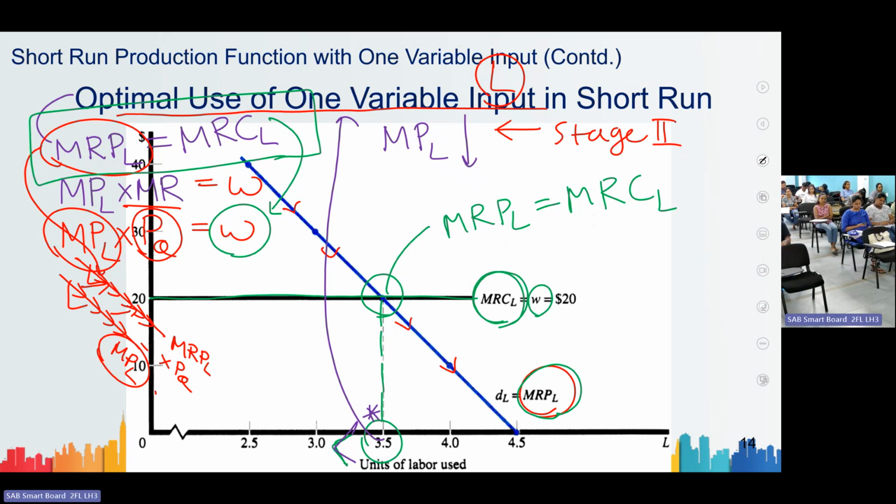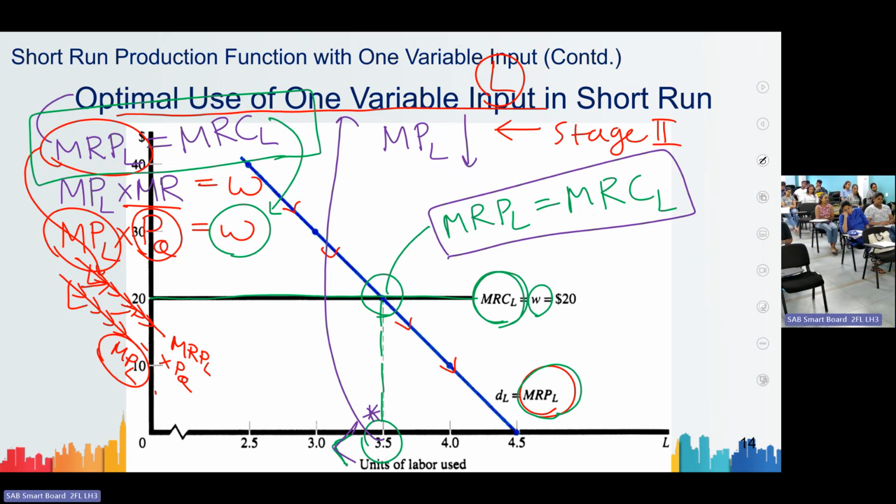So a rational producer will utilize 3.5 units of labor according to this graph as the optimum level of labor, and it is decided where MPL equals MRCL, MRPL equals MRCL.